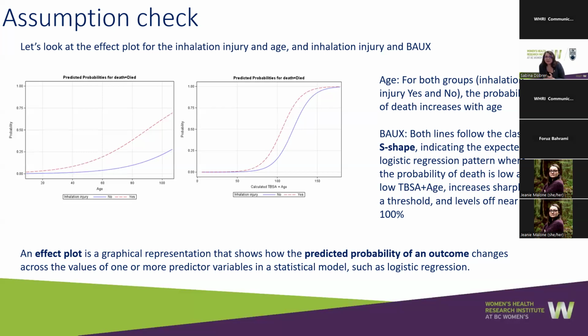It indicates the expected logistic regression pattern where the probability of death is low at a low score and high at a high score, which we expect, because a higher score shows that the patient's injury was much more severe. So age is fine as expected. There is no huge difference by inhalation injury. Bow's index behaves the same. So we don't see anything that says we must run it separately.